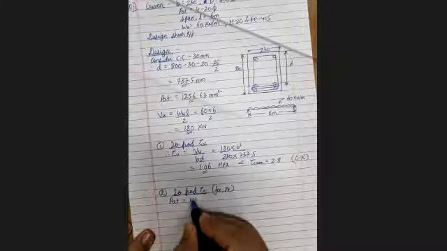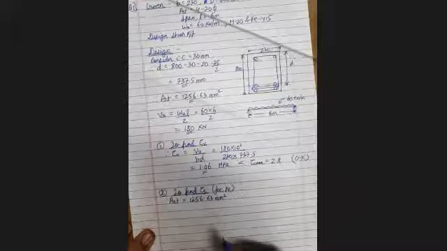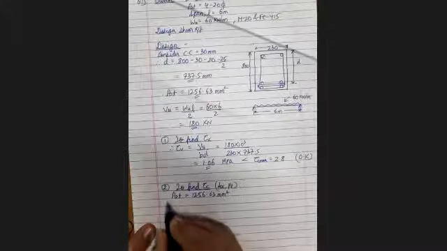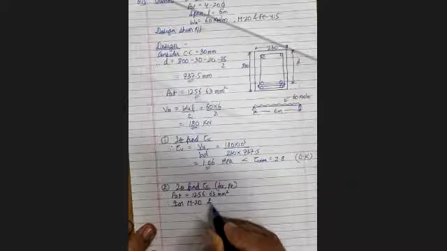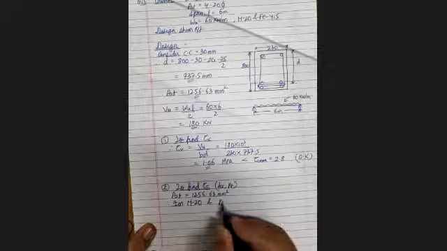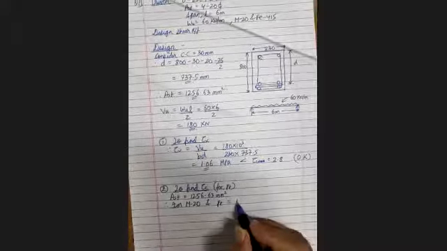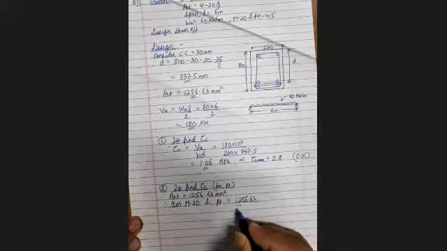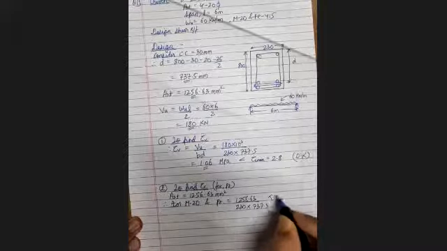AST we know. AST is 1256.63. So for M20 grade, find PT, which is AST upon BD into 100.